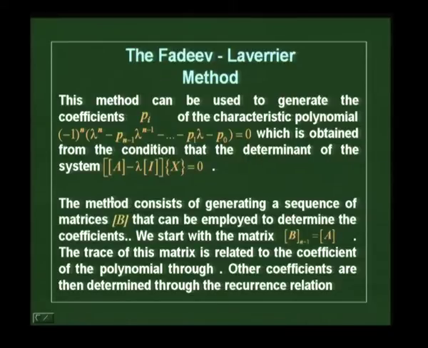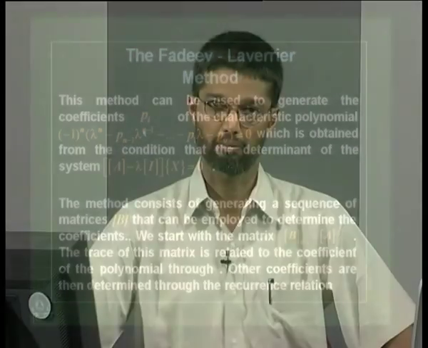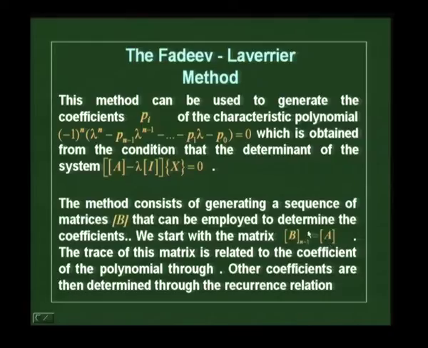So the coefficient of lambda to the power n term is 1, and the coefficient of the lambda to the power n minus 1 term is the trace of the matrix A. The first matrix, B n minus 1, is the matrix A itself, and we take the trace of that.